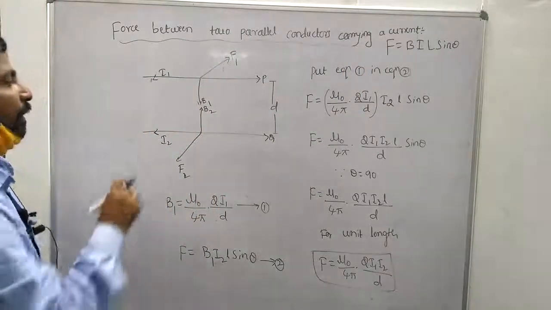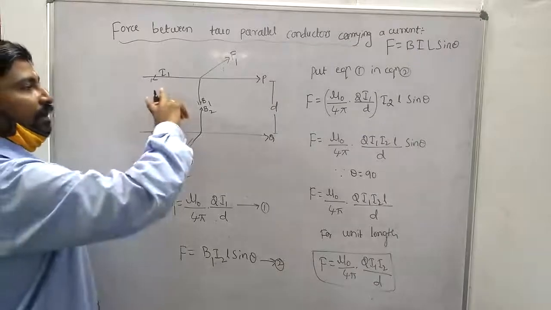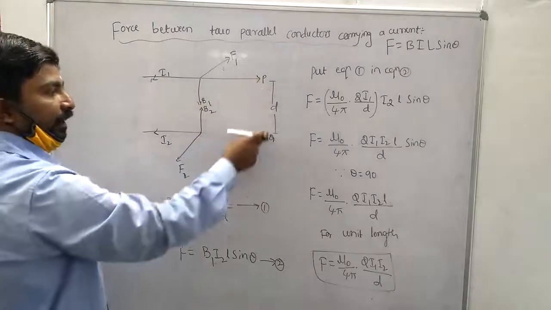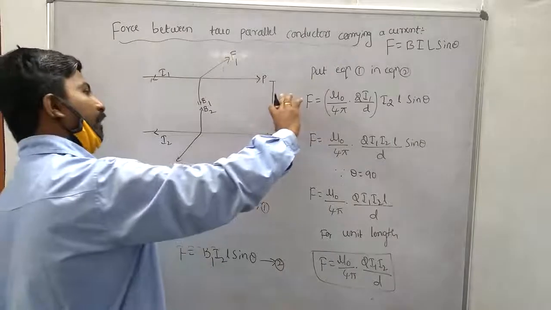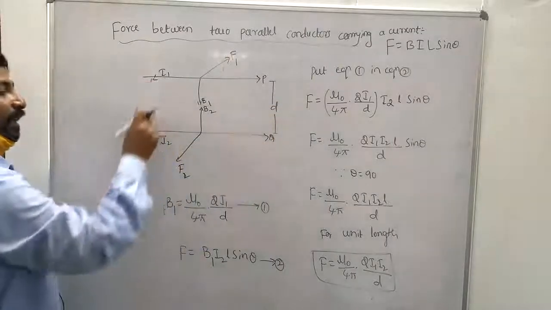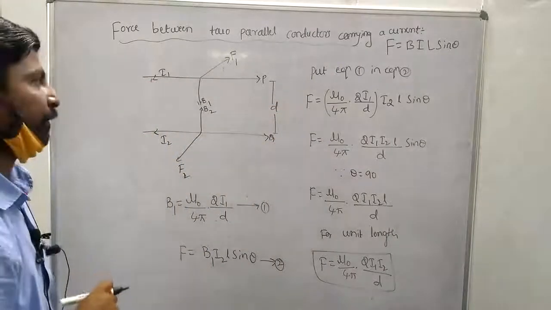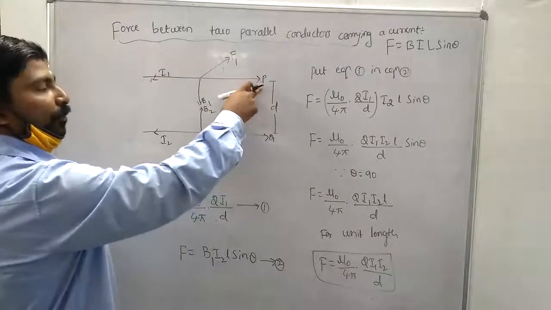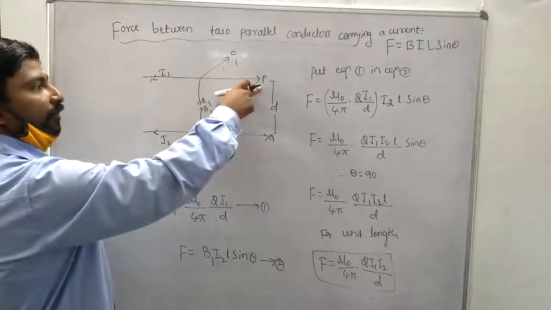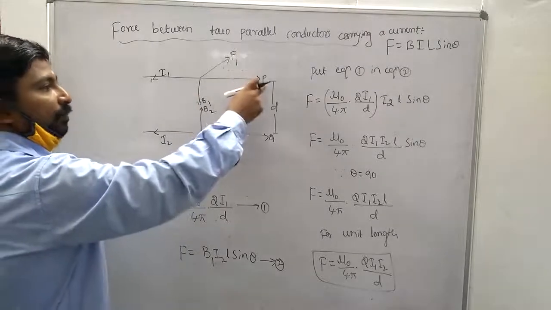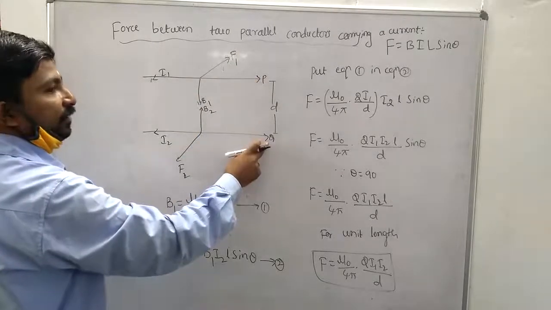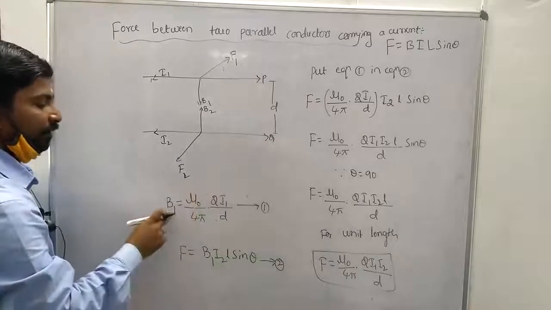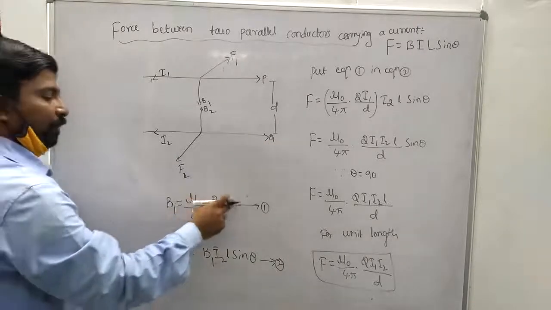Very good. Okay. So once again finally, consider two parallel conductors P and Q separated by a small distance d carrying a current I1 and I2 respectively. Now let the conductor P produce the magnetic field at all points around it. Now the magnetic field B1 due to the conductor P at the site of the conductor Q is given by B1 is equal to mu naught by 4 pi into 2 I1 by d.